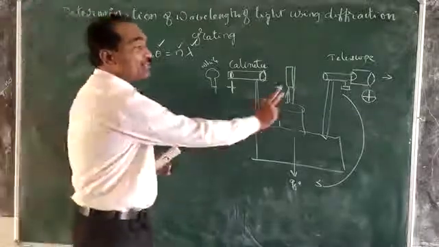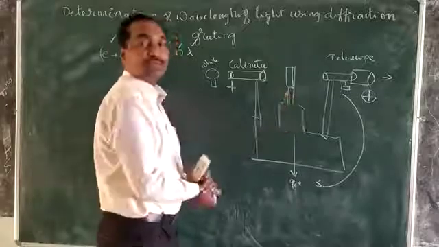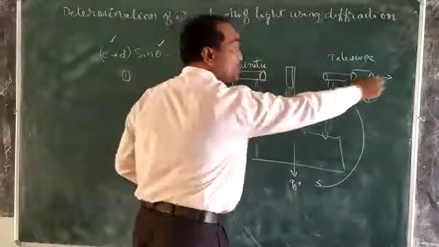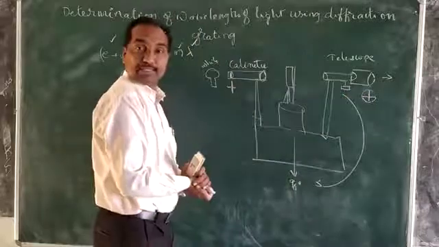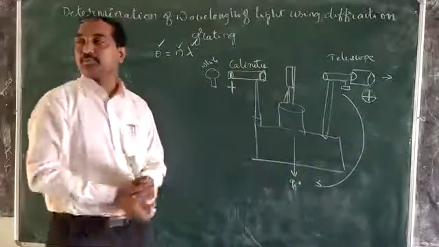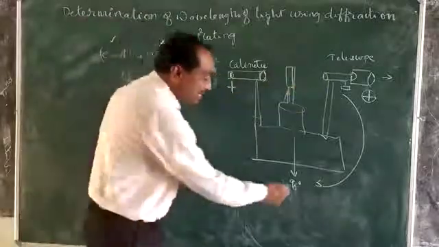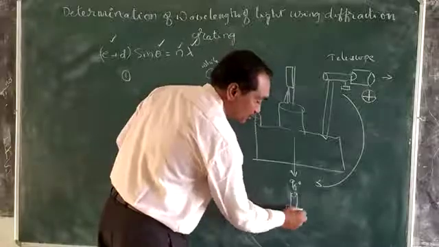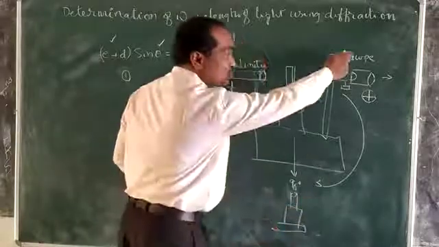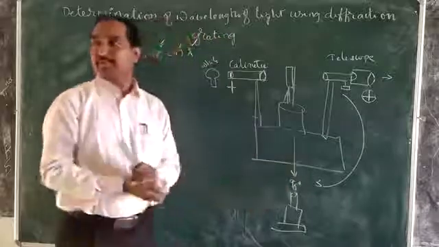Now when we rotate the prism table, we can observe through the telescope eyepiece. Once again the slit will be observed by the telescope at this position, because we rotated the telescope by 90 degrees.